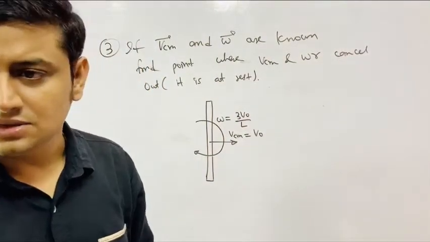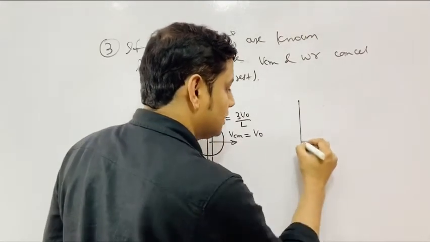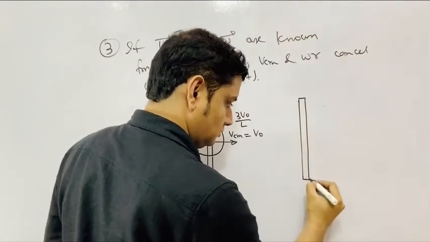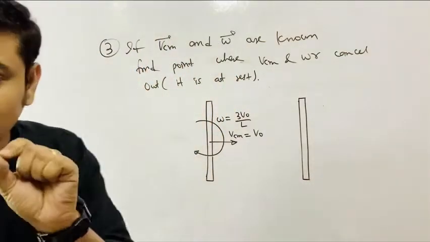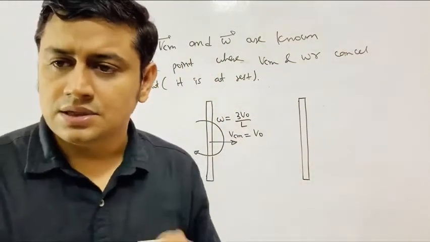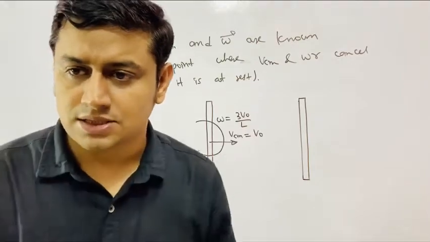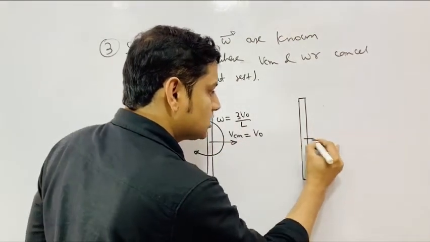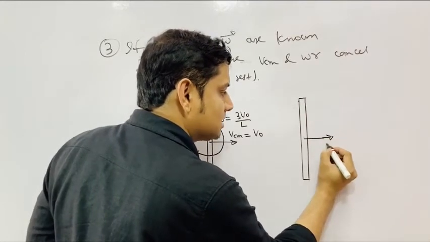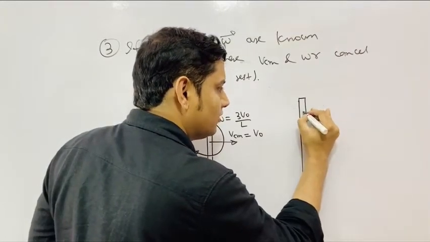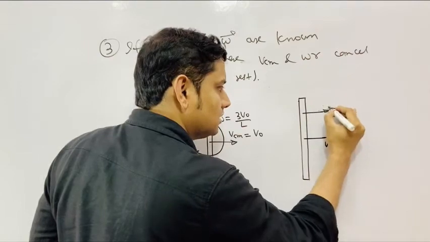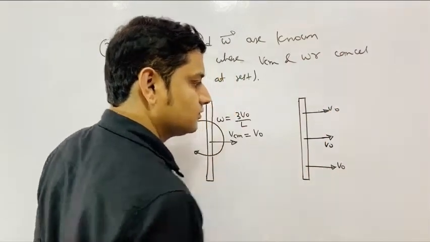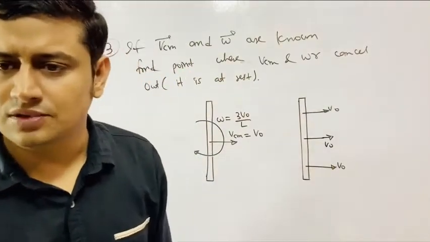So understand, in this case, take this rod. We have to find the point which is at rest. This point would have velocity V0 due to translation. Due to translation, every point would have the same velocity V0.